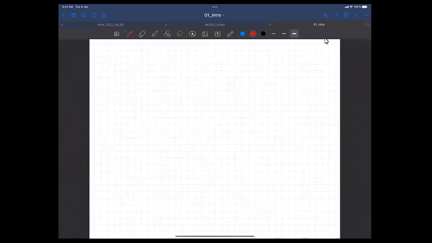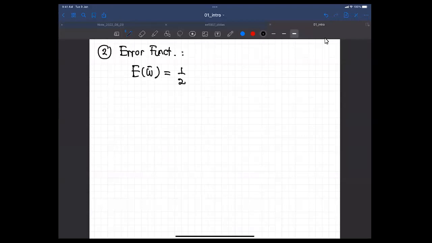So that's the first step. The second step, as we learned previously, is what? The first one is the data modeling. The second step is the error function. In the error function, we have E of W bar equals 1/2 sum over n of yn minus pn squared.